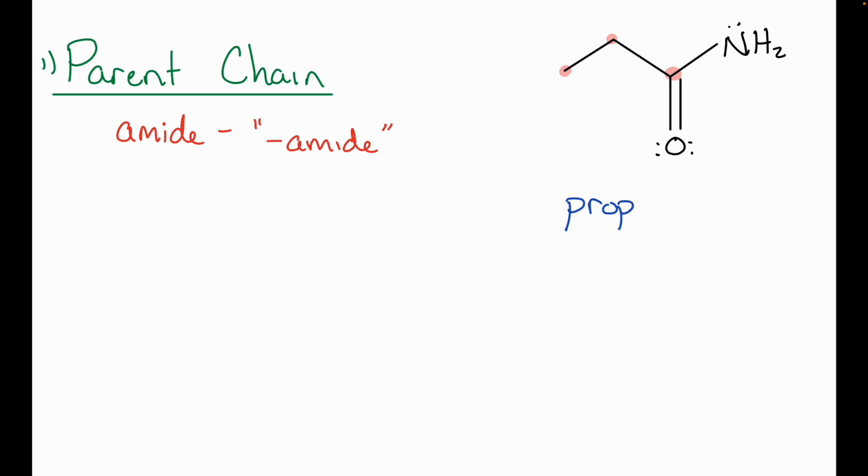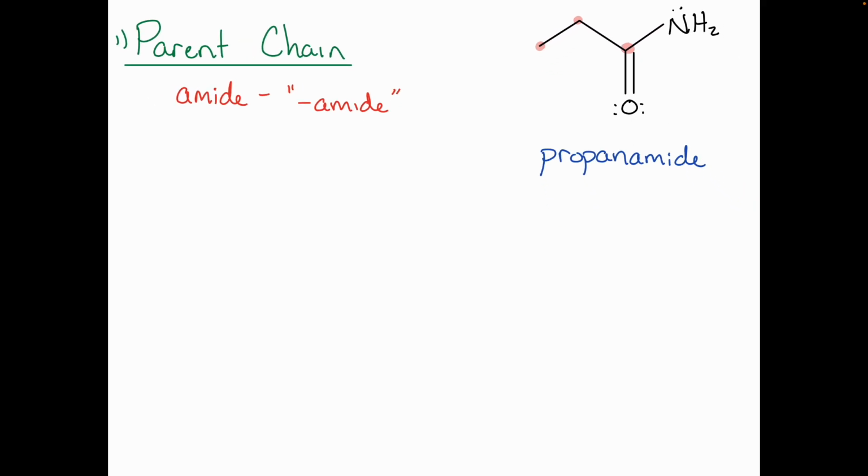Prop for those 3 carbons, an for all single bonds, amide. All right, just like before, we necessarily have 3 bonds for this carboxylic acid derivative. So it's always going to be located at a terminal carbon, so we don't have to include the location of that in the name.